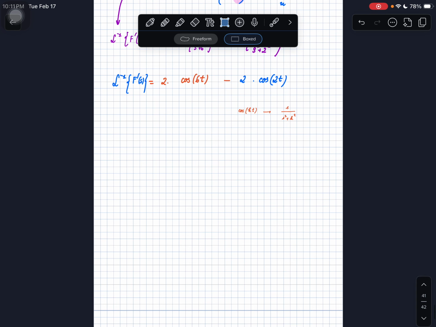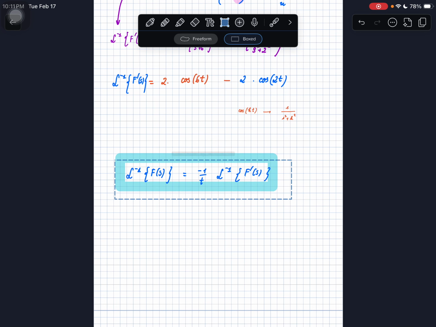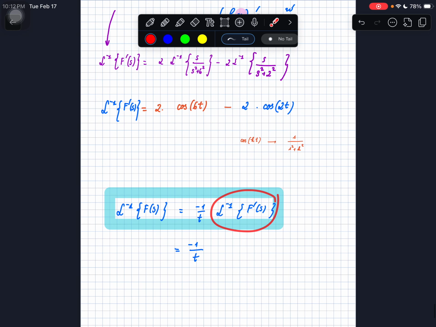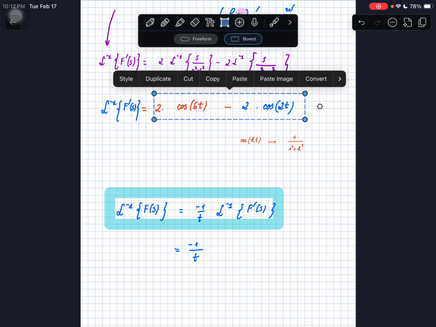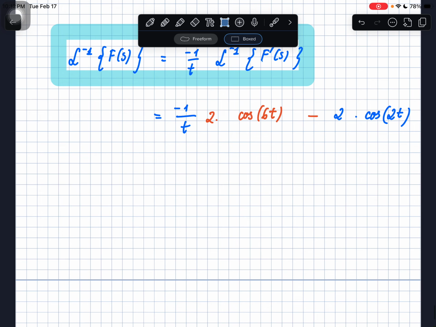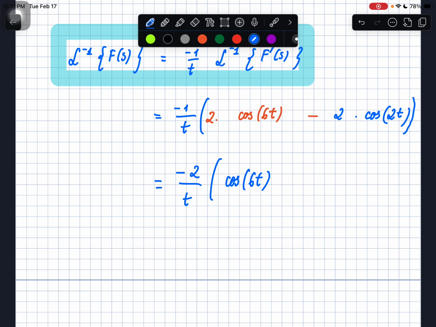The inverse transform of big F(s) is minus 1 over t times the inverse transform of F prime. So multiply this term, and that will be the answer: minus 2 t over t, cosine 6t minus cosine 2t.